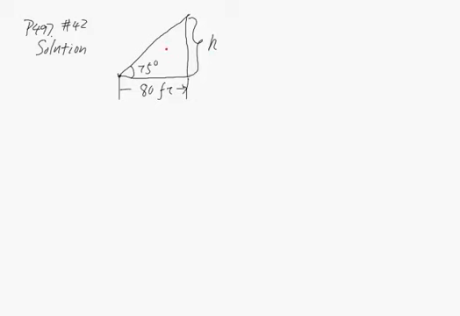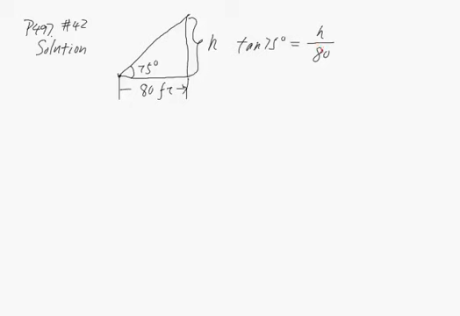Here you cannot use the sine or the cosine because the length of this hypotenuse is unknown. We just know the length of this adjacent side. So you may use tangent 75 degrees, which is equal to the opposite h over this adjacent 80.